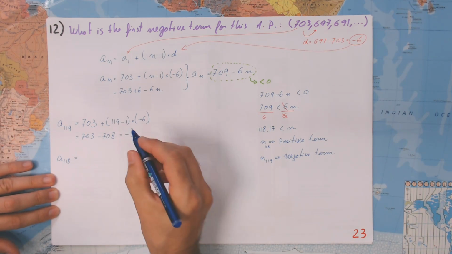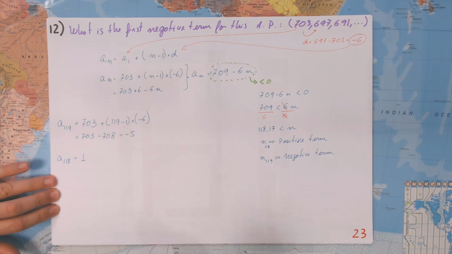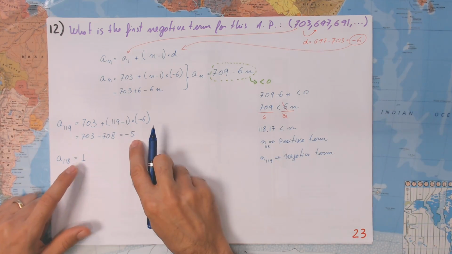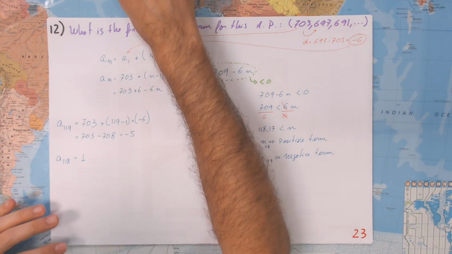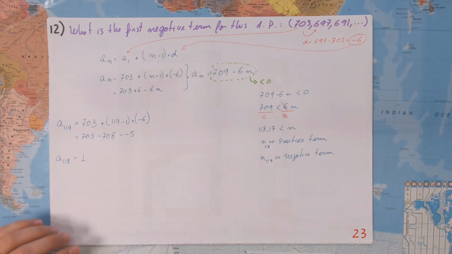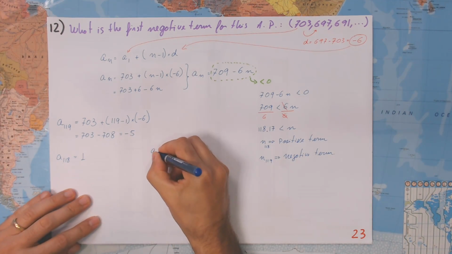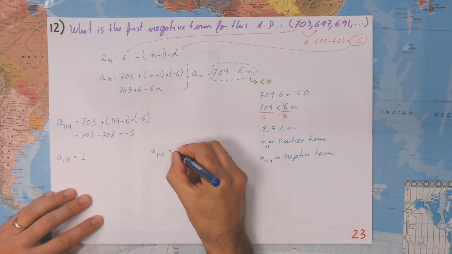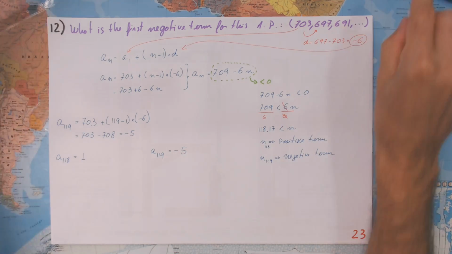It's got to be just 1. Why? Because 1 applying a minus 6 gives us minus 5. So the term 119 is going to be minus 5, and this is going to be our answer.